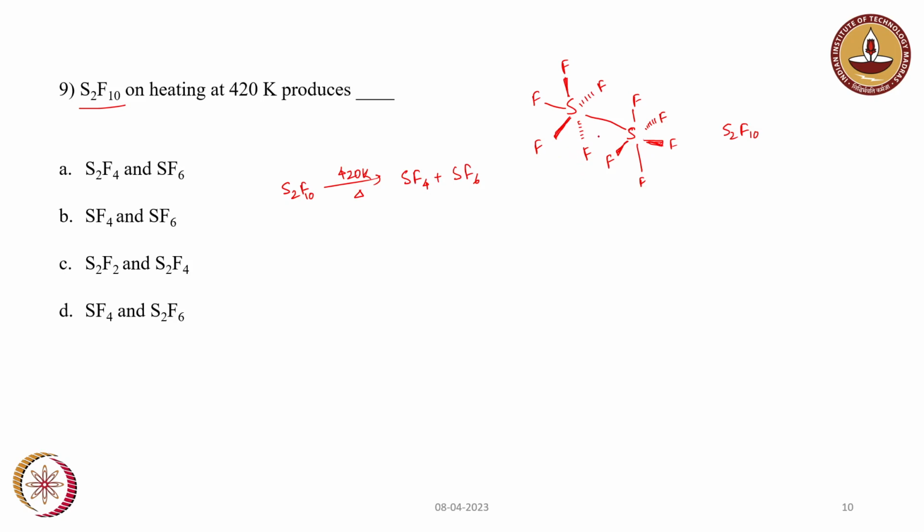You can remember it like a bond cleavage like this. One of the fluorine will form a bond with sulfur, and SF4 and SF6 will be formed. So the answer is option B, SF4 and SF6 are formed when S2F10 is heated at 420 Kelvin.